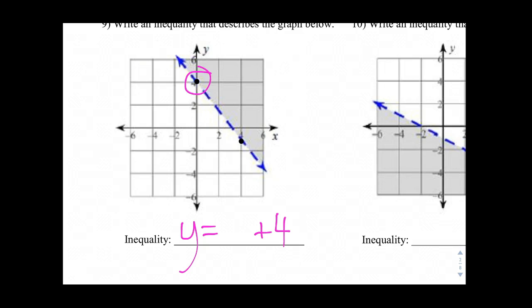This is going by 2s. I move down 2, 4, and then a little bit, 5, and over 1, 2, 3, 4. So I move down 5 over 4. So this is going to be negative 5 over 4x. You can leave it like that in a fraction.